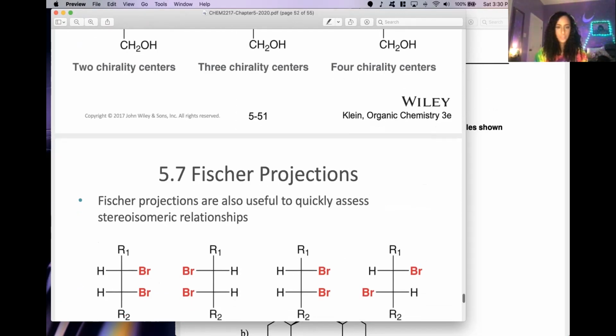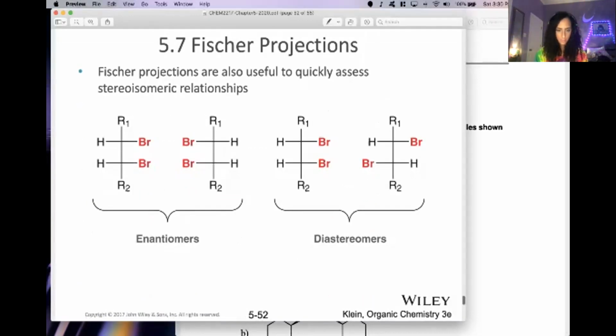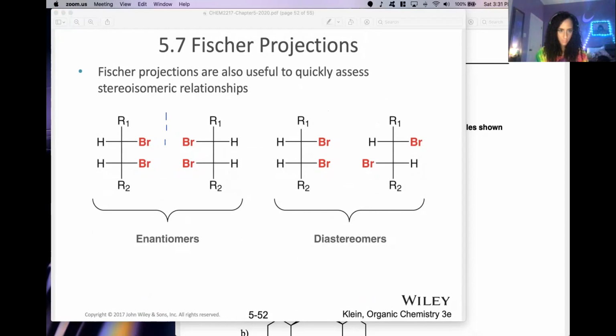Got it. Got it. Okay. Fisher projections are also useful to quickly assess stereoisomeric relationships. I probably butchered that just now, but these words are too long. Ridiculous. Okay.